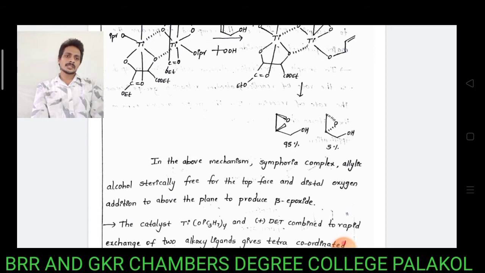This hexacoordinate complex, by exchanging ligands with allylic alcohol and tertiary butyl hydroperoxide, gives the corresponding Sharpless complex. In the Sharpless complex, if the distal oxygen is below the plane, it undergoes oxidation below the plane and gives alpha epoxides. If the distal oxygen is above the plane, it undergoes oxidation to give beta epoxides.